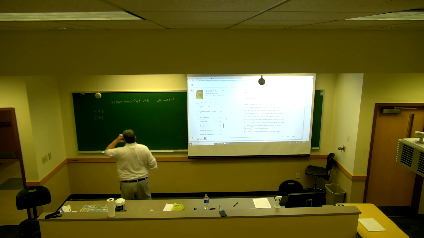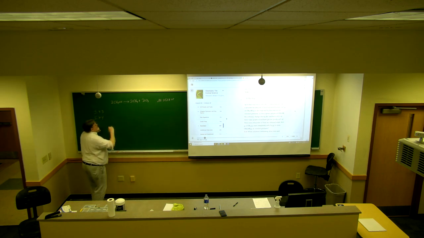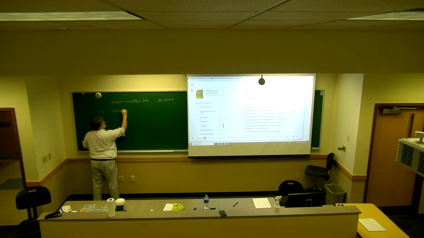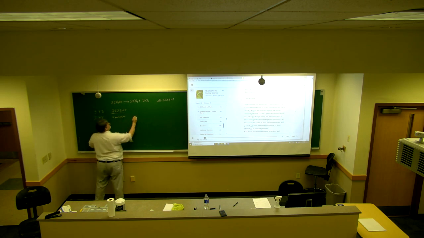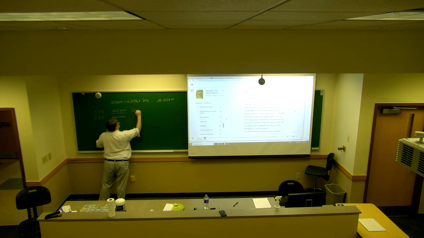All right. So this is where I've said this to you before. For this reaction, there's three relationships. 252.8 kilojoules for 2 moles of methanol. There's one of the relationships. Another one is 252.8 kilojoules to 2 moles of methane.